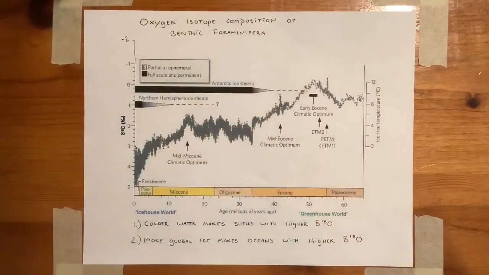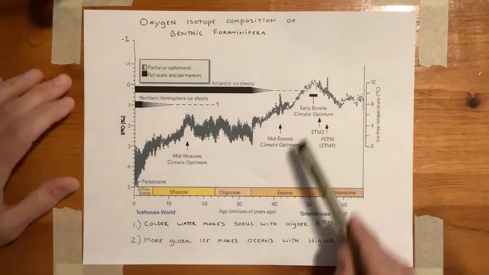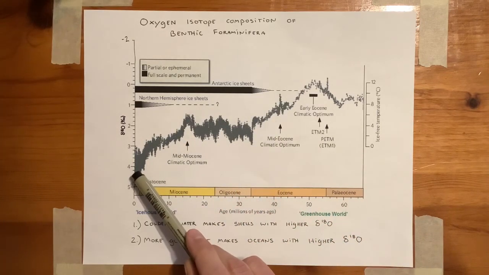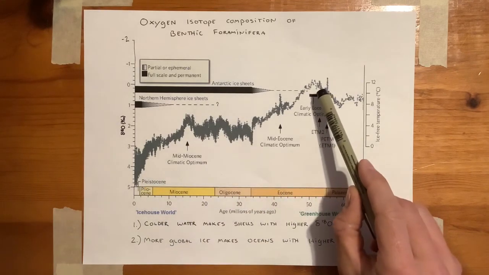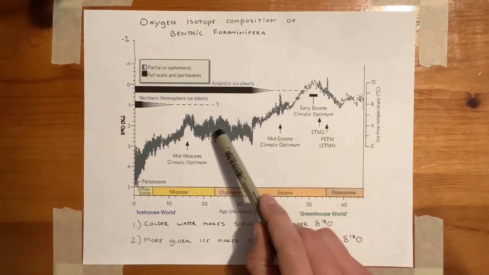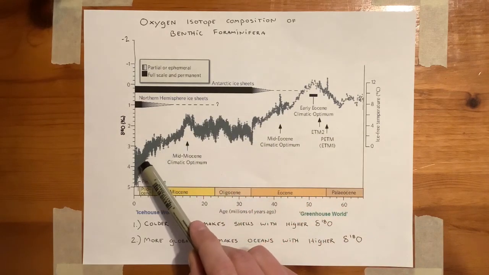So if we look back at this figure, the long-term trend towards colder temperatures is probably caused by chemical weathering of the Tibetan Plateau. It really started about 50 million years ago and has caused a long-term drawdown in Earth's atmospheric CO2.